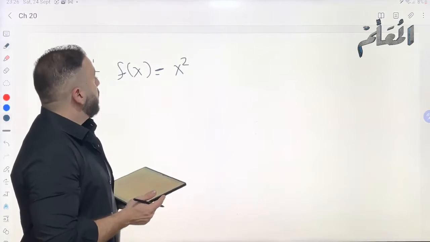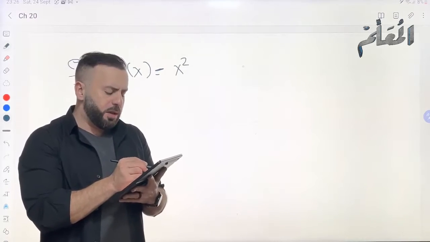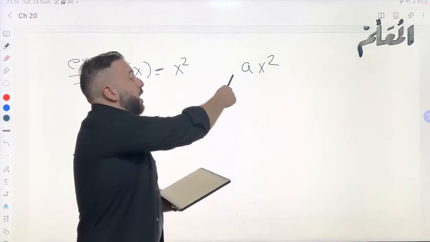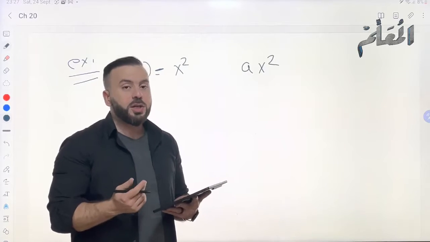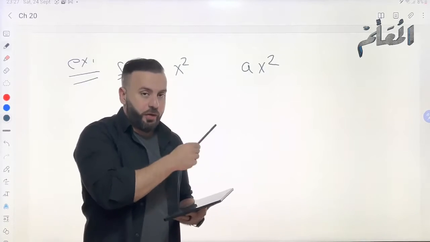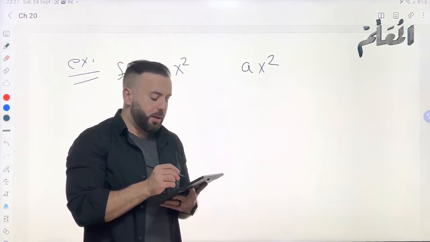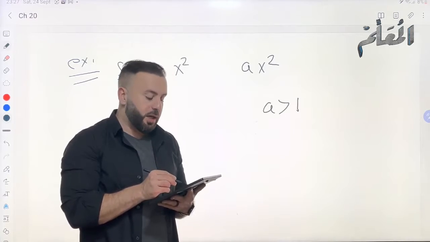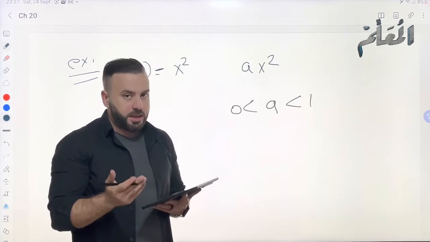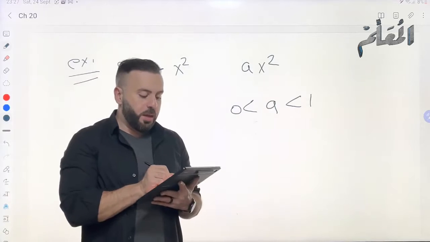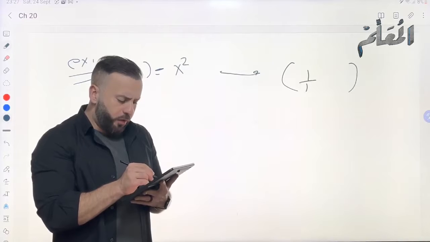The thing now left is the horizontal and vertical stretch and compression. If x squared is multiplied by a, as in a x squared, this is a vertical stretch when a is greater than 1. And if a is less than 1 and greater than 0, I mean a fraction, we say this is a vertical compression. Here comes the challenge, the horizontal part, which is if it's 1 over b x, all squared.